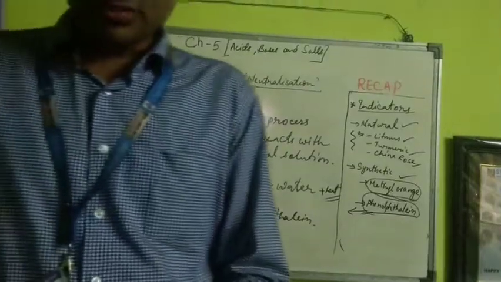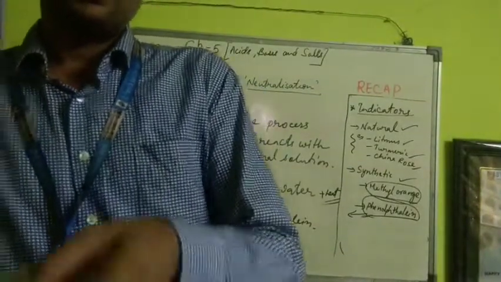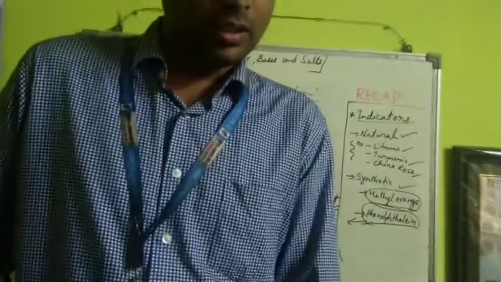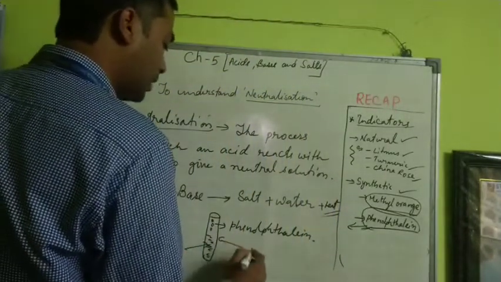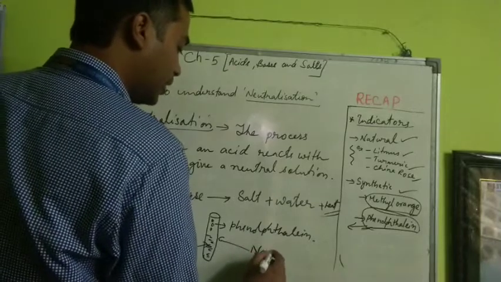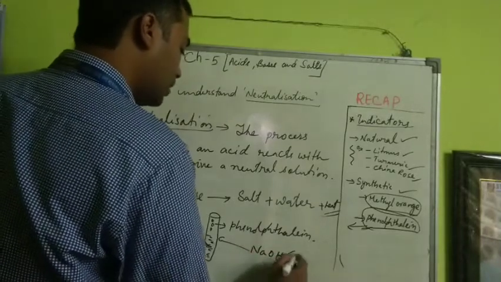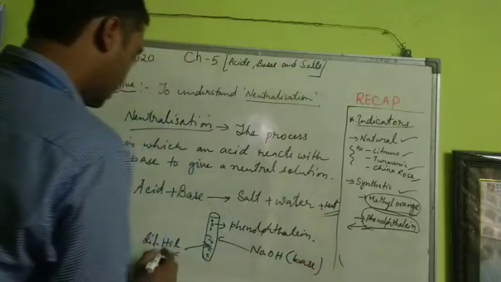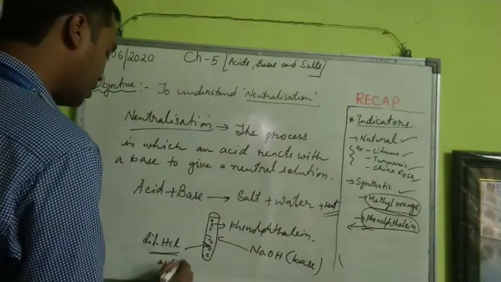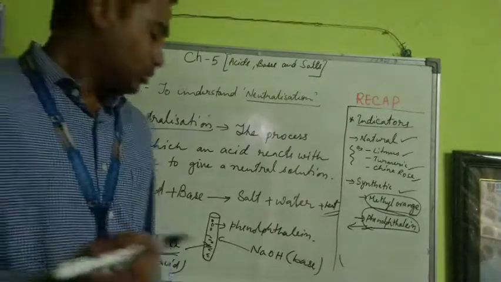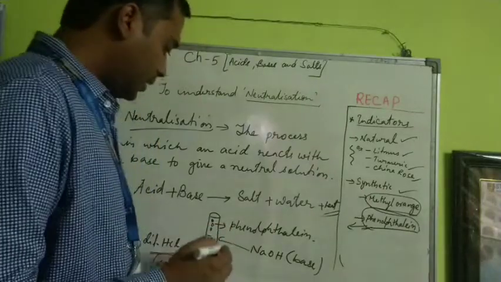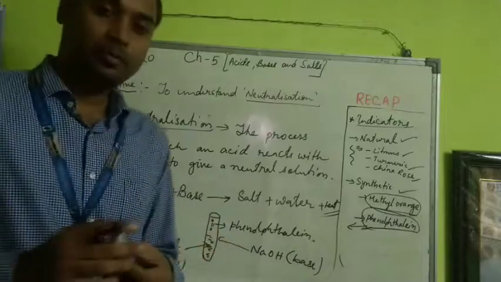Now slowly we'll use a basic solution, which is sodium hydroxide. So this is a base and this is the acid. Now the indicator is also there. 2 to 3 drops of phenolphthalein have been put inside the test tube.